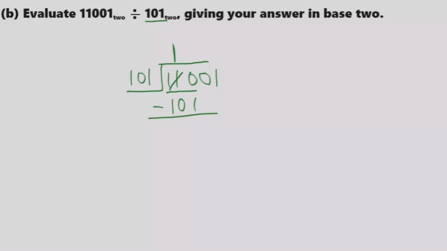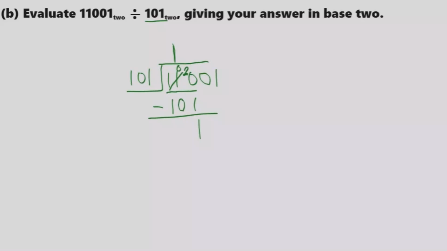When I borrow 1 from this one, it's going to remain 0, and here it's going to become 2. So 2 minus 1 will give me 1. Then 0 minus 0 is 0. 1 minus 1 is 0. So now the difference of 110 and 101 is 1.